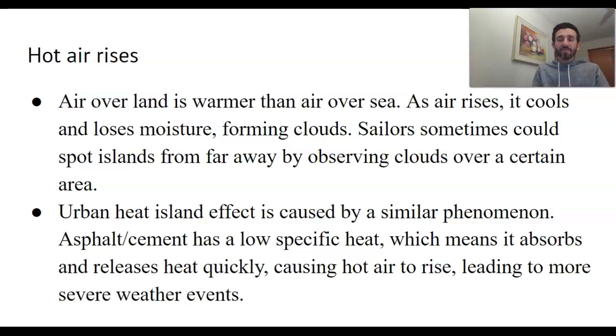So back in the day when sailors didn't have GPS and they were discovering the world, sometimes they would be able to spot islands, not just by being able to see land from far away, but they could see clouds even farther away. So if they would all of a sudden in the ocean see a spot that had clouds, and it seemed to be consistent, maybe that meant that there was an island over there.